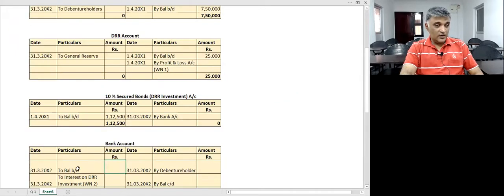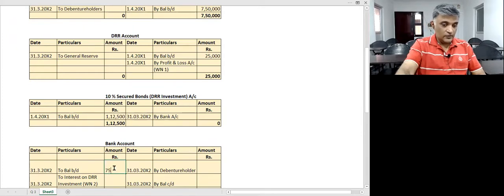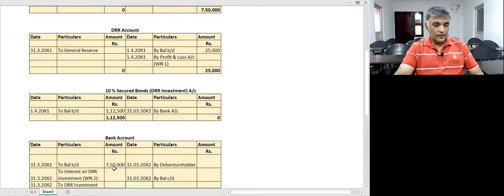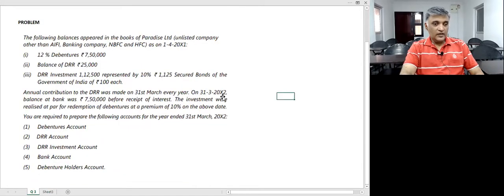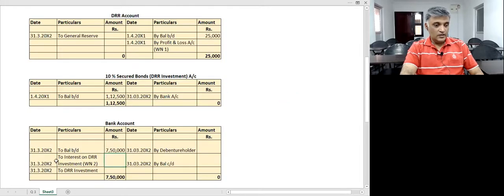So we'll say 31st March X2, it is 7,50,000. The dates are important, because he says on 31/3/X2, the balance at bank was 7,50,000, which is before the receipt of interest. So I'm just saying 31/3/X2 to balance brought down, bank is 7,50,000.